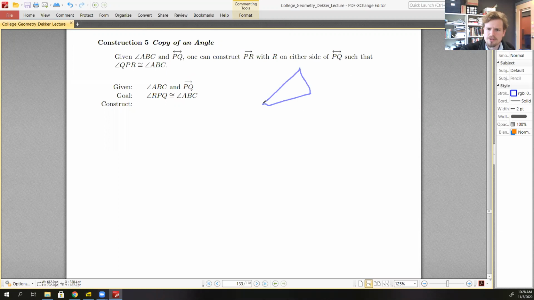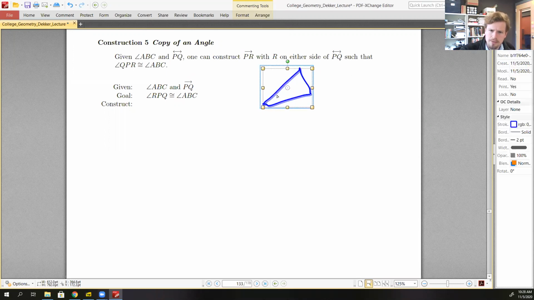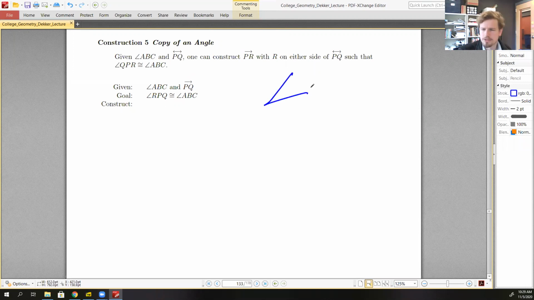So if I have a triangle and I want to, actually, let's go ahead and just say we have an angle to begin with. If we have an angle and I draw a line through here, then what I can do is consider constructing a congruent triangle.